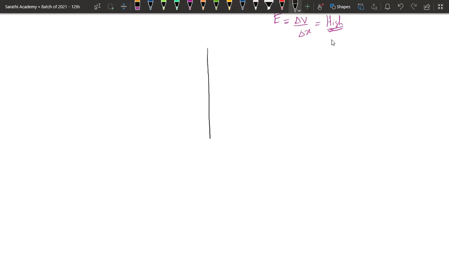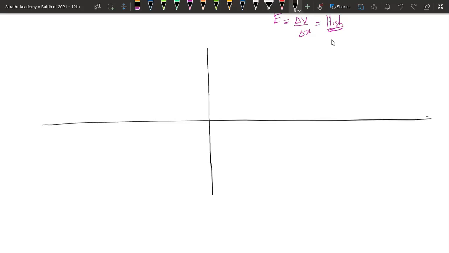So now let us see the characteristic of this semiconductor. So if you plot current versus voltage, this is very interesting.